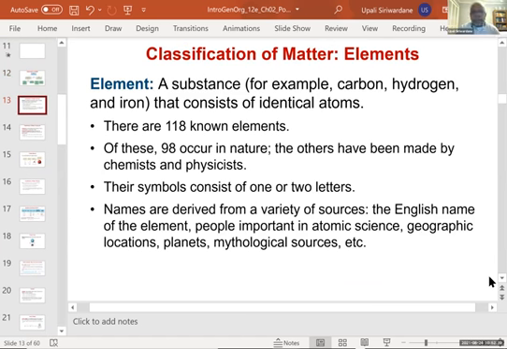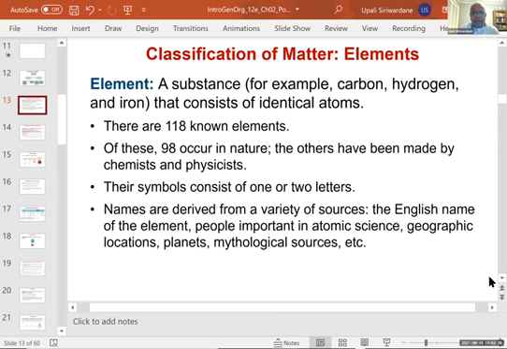An element is a substance, for example carbon, hydrogen, iron, consisting of identical atoms. We're going to look into details of atoms, atomic structure, in a few slides. There are 118 known elements in the periodic table.